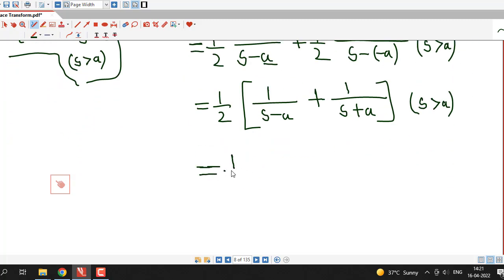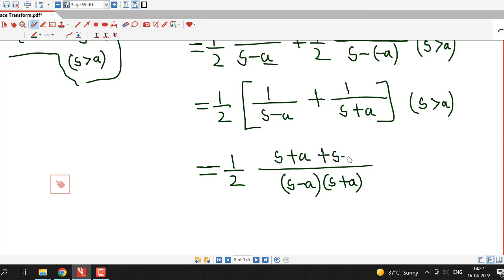Now we can rewrite this by taking the LCM. The LCM is (s minus a)(s plus a), and here we multiply by s plus a, and here we multiply by s minus a.